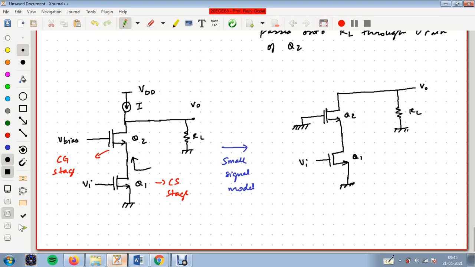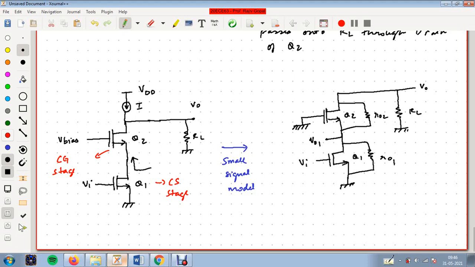This is R02. This is R01. Alright, this voltage I will call V01, just for the sake of analysis purpose. That's all.